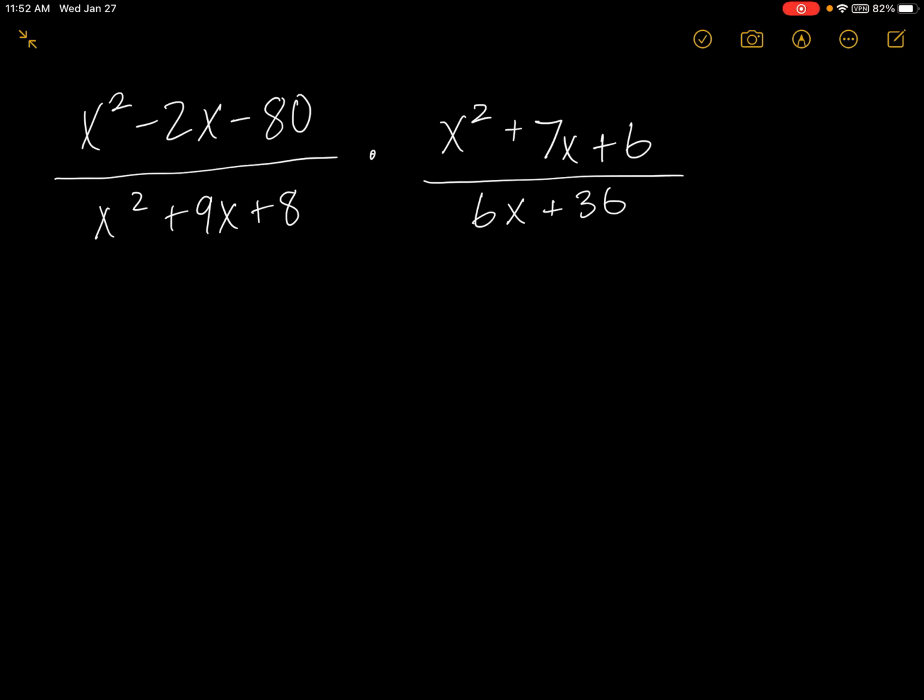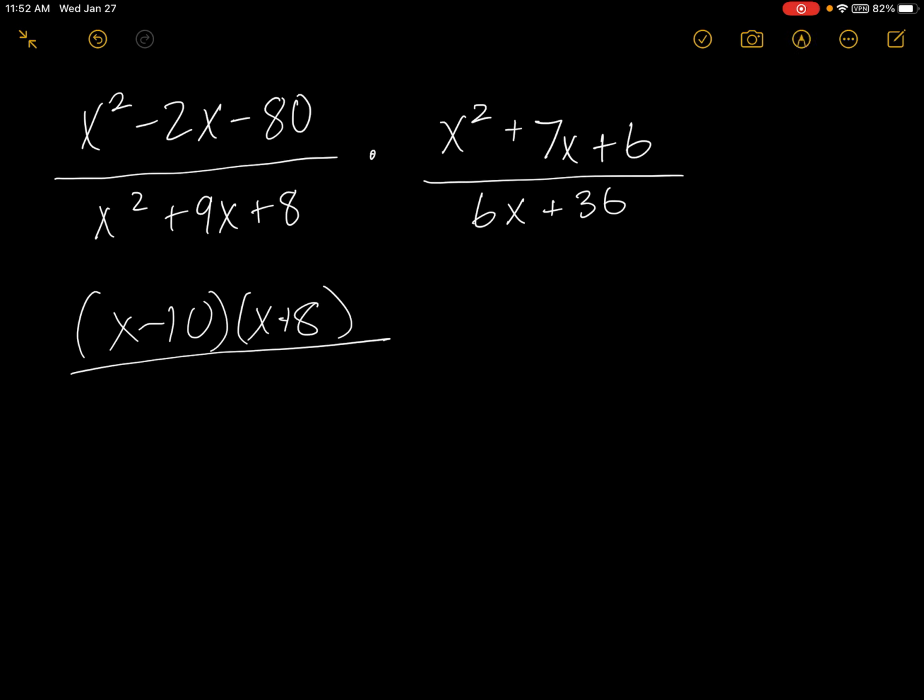So I'm going to factor the numerator in my first expression, x squared minus 2x minus 80. Two numbers that multiply to negative 80 and add up to negative 2 are negative 10 and positive 8. Negative 10 plus 8 is negative 2, and negative 10 times 8 is negative 80.